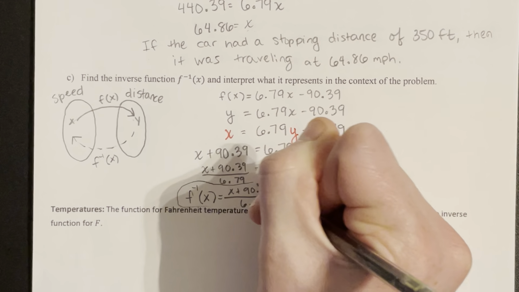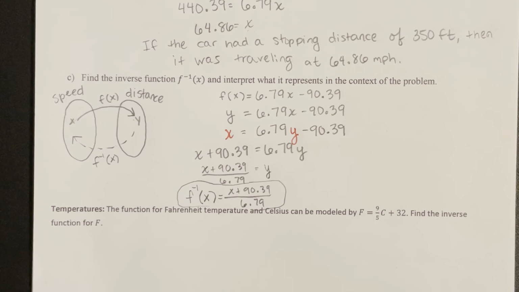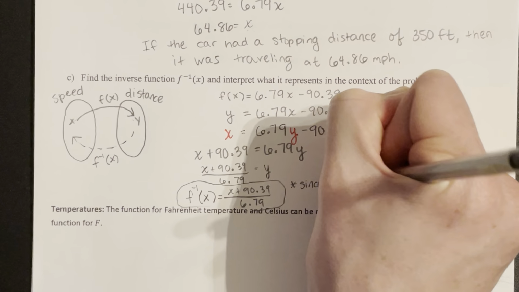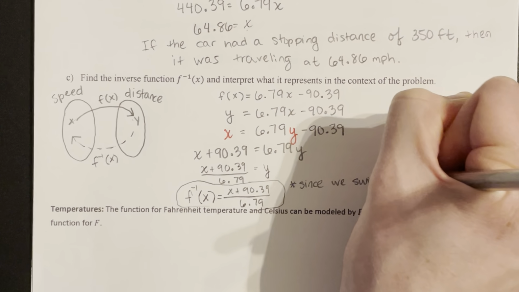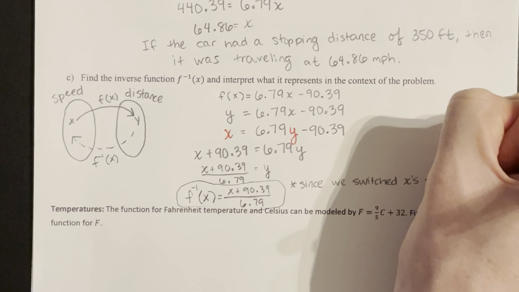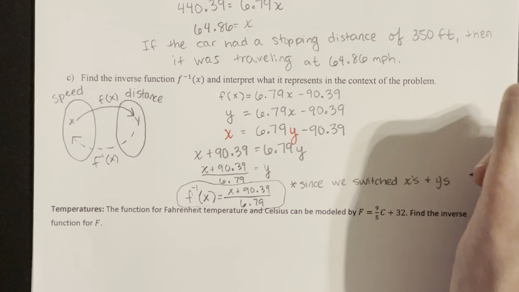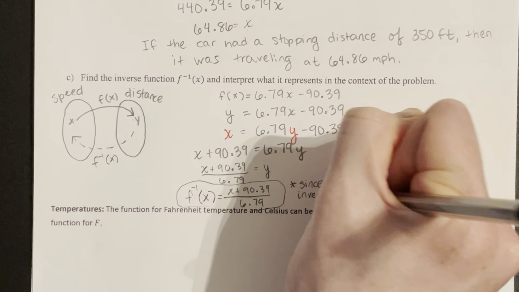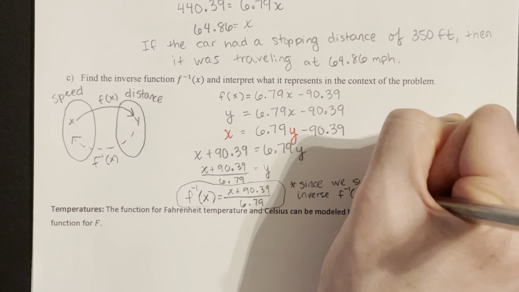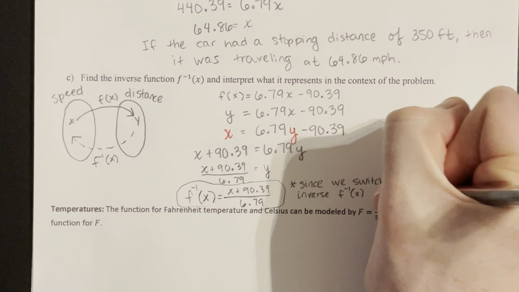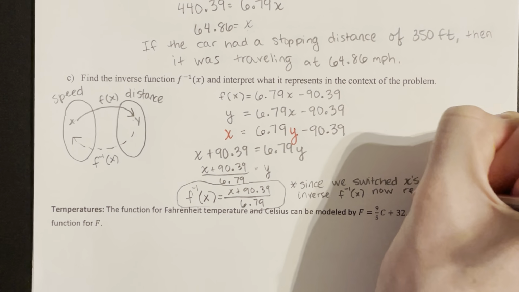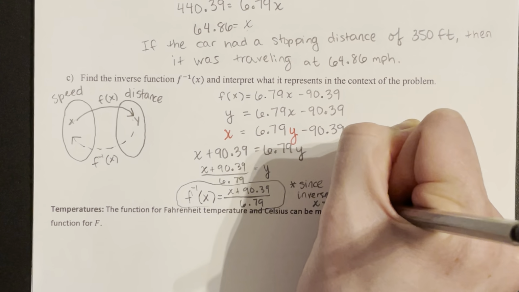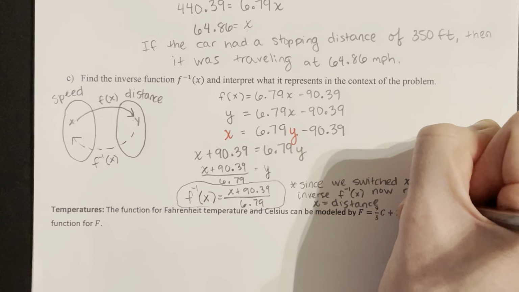And that's an accurate function rule. We've got it. But the problem is we haven't interpreted now what this really means. And since we switched our x's and y's, the inverse, f inverse of x, now represents x as our distance and y as our speed.